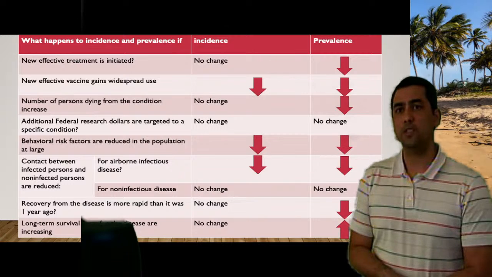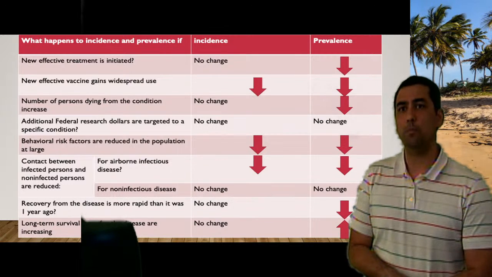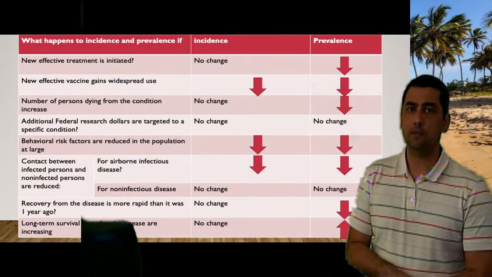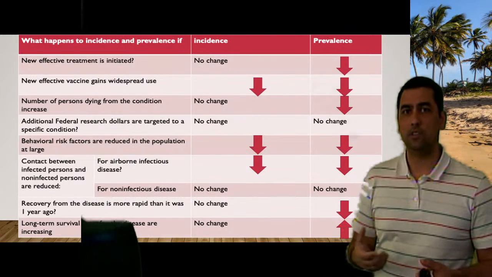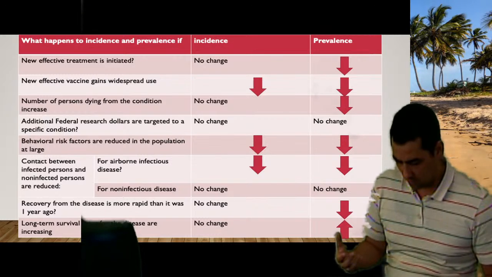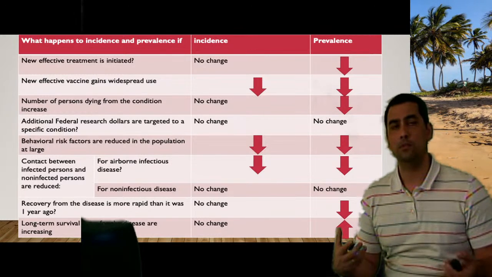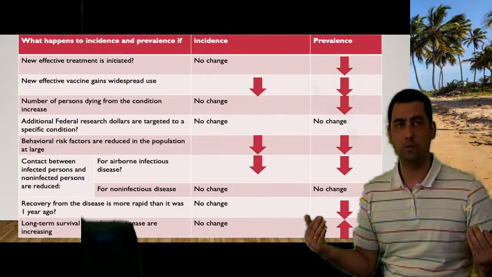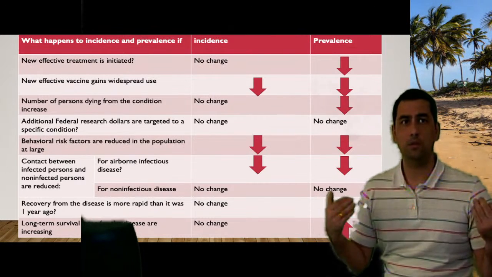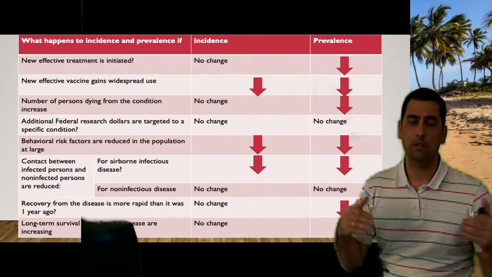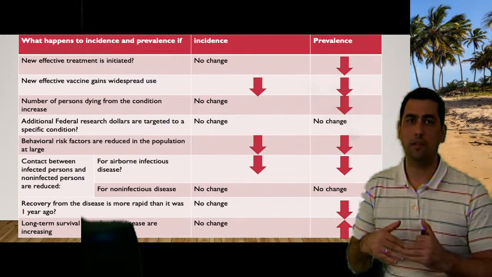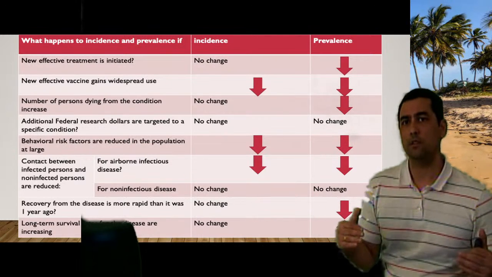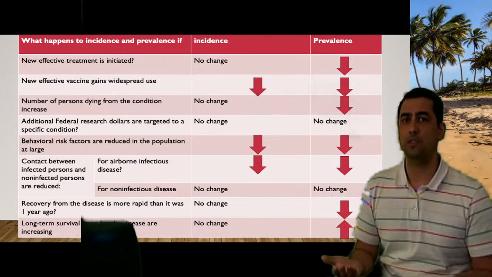Behavioral risk factors are reduced in the population at large. You reduce both incidence and prevalence. For example, if you improve food habits, decrease the weight of the population, and improve exercise habits, you decrease diabetes and hypertension.